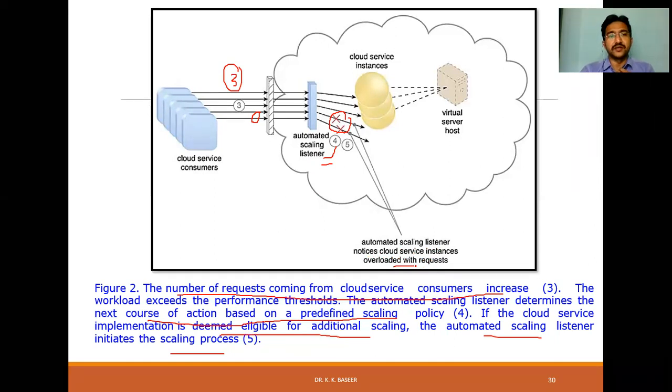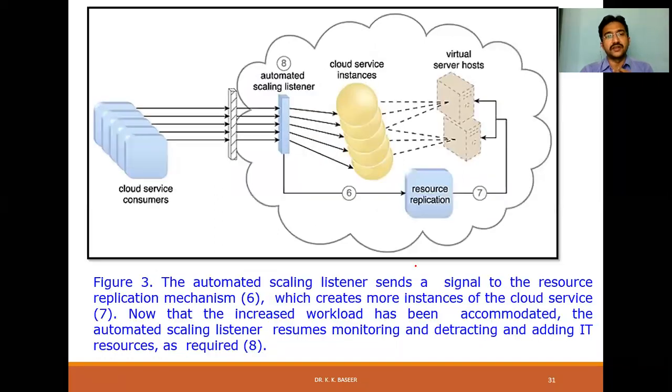That was the second graphical representation: steps 1, 2 in the first figure, 3, 4, 5 in the second figure. Now see steps 6, 7, 8. The automatic scaling listener sends a signal to the resource replication mechanism.